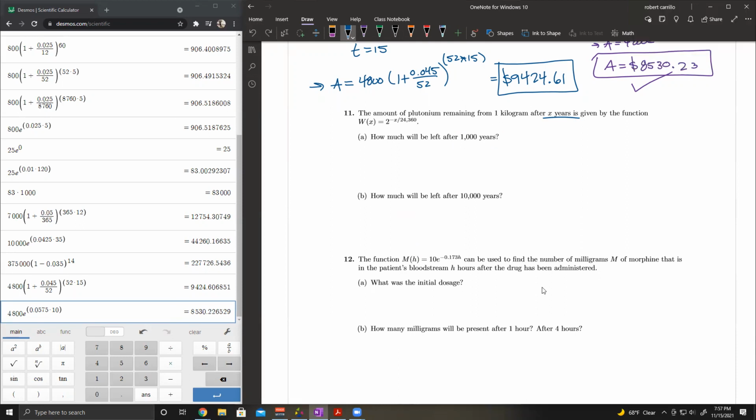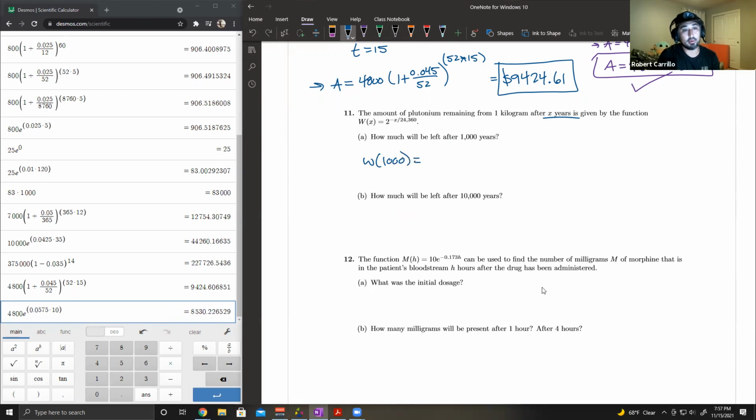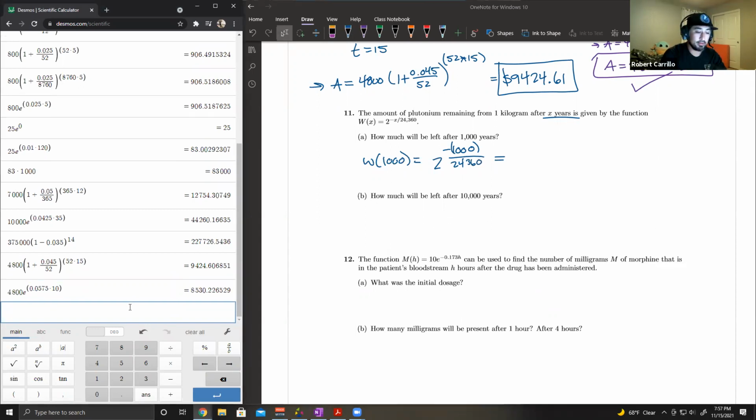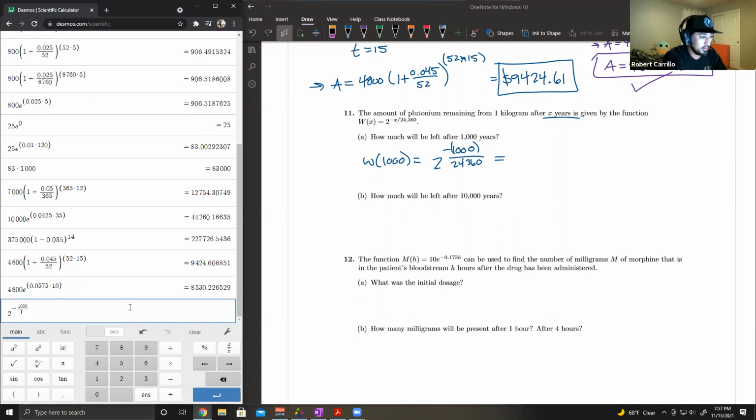X. So you'll get W of 1,000 equal to 2 to the negative 1,000 over 24,360. Okay. And typing that in, it is 2, and you will raise it, and I'll type in negative 1,000 over 24,360.